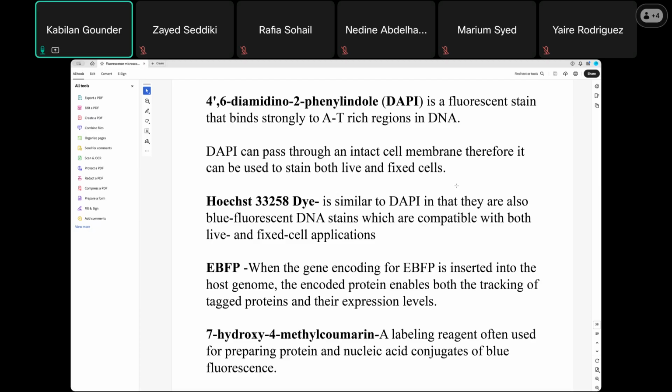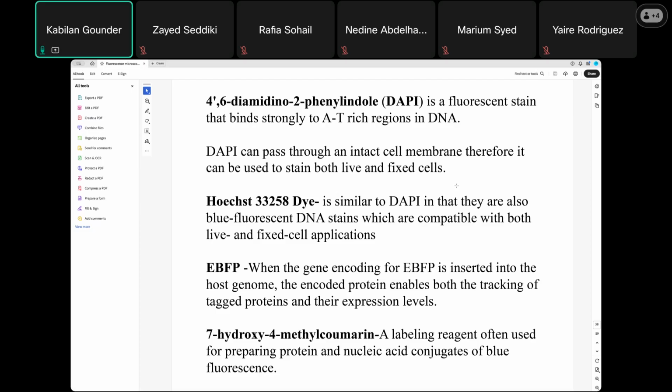The encoded protein enables both tracking of tagged proteins and their expression level. So when you tag your protein with this, you can track that particular protein of your interest and how it is expressed.